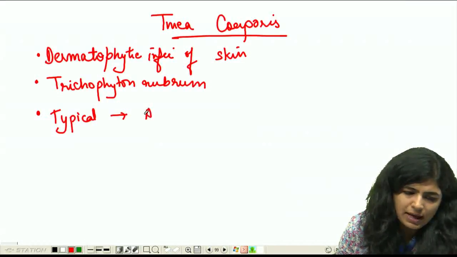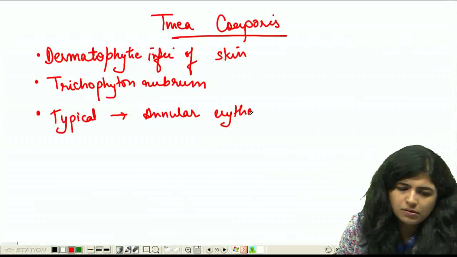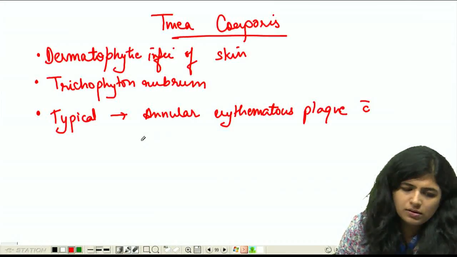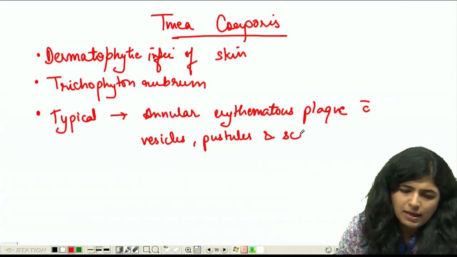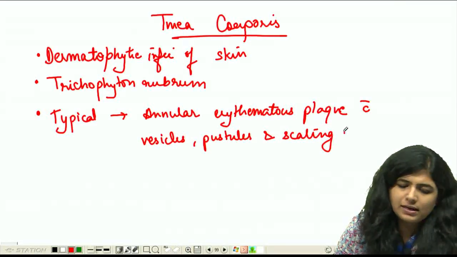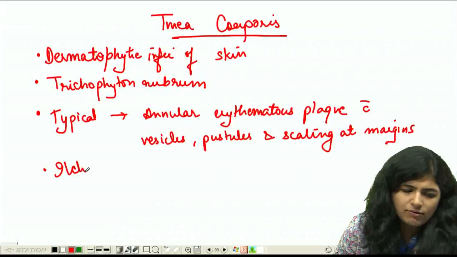Typical lesion is an annular erythematous plaque with vesicles, pustules and scaling at the margins. It is very, very, very itchy.